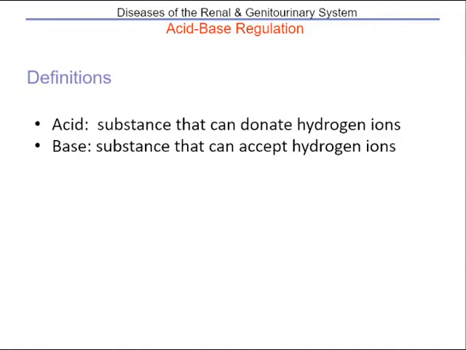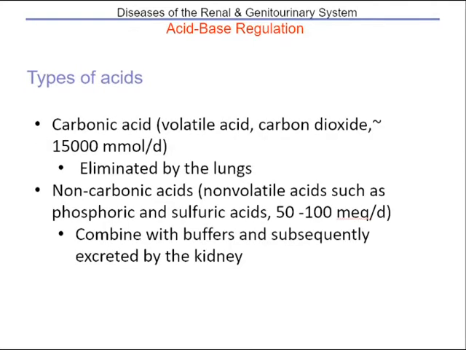On the other hand, bases are substances that can accept hydrogen ions or accept protons. So these are the things that are associated with the definition of acids and bases.